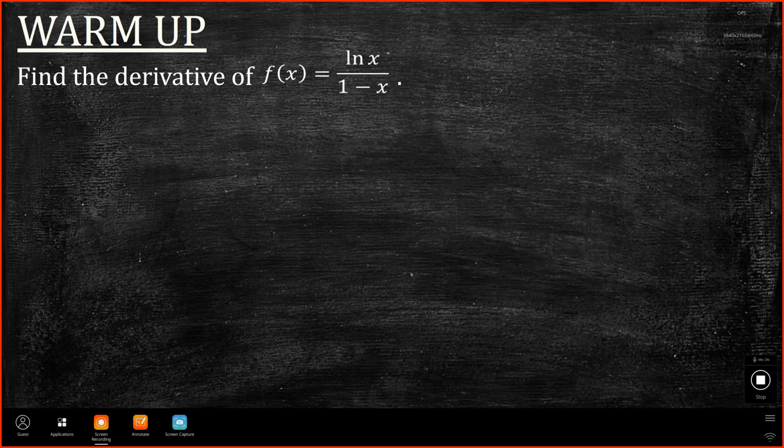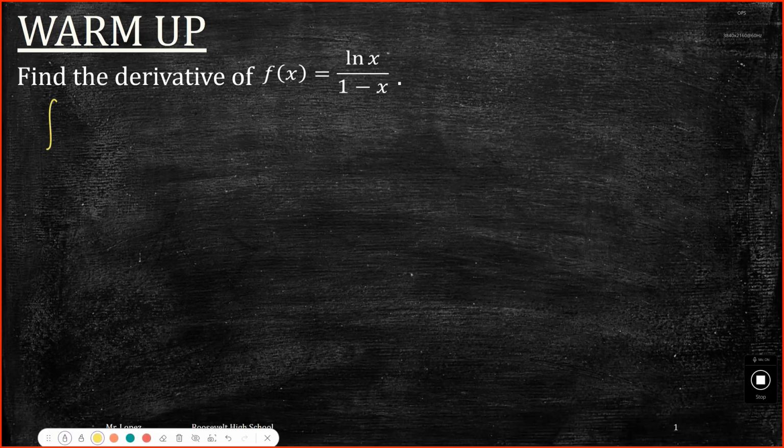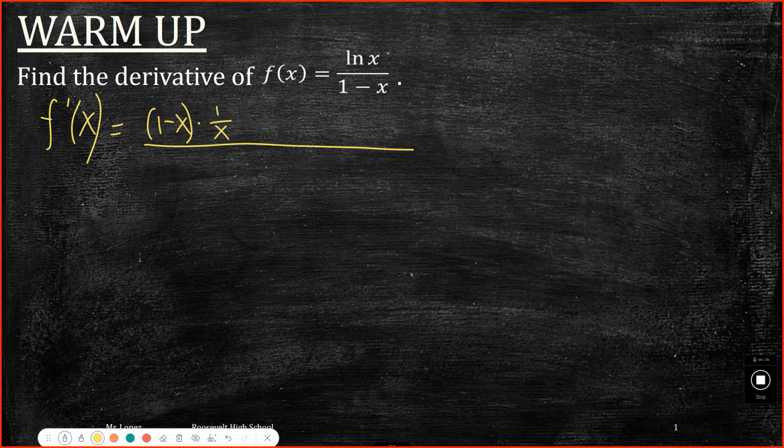All right, so we're gonna do the quotient rule here. The bottom times the derivative of the top. What's the derivative of ln x? 1 over x, is that 1 over x?